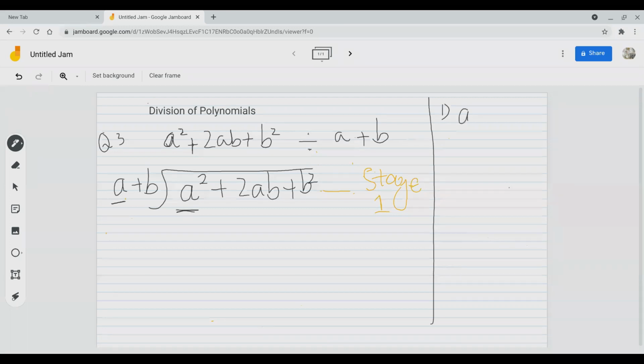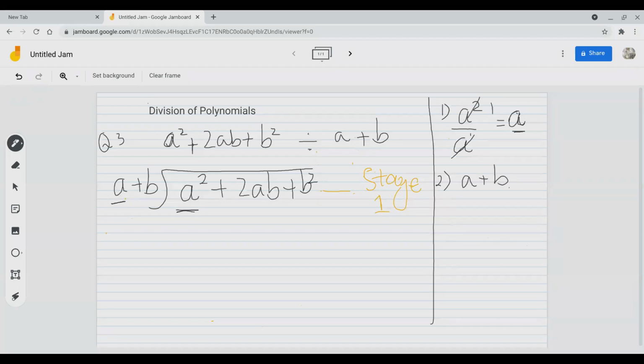Take the dividend because it has the bigger power, and the divisor will come down every time. When you divide, the powers will be subtracted. A squared divided by A, you get A. Now, when you get this answer A, you will take the divisor outside, the expression with both terms.